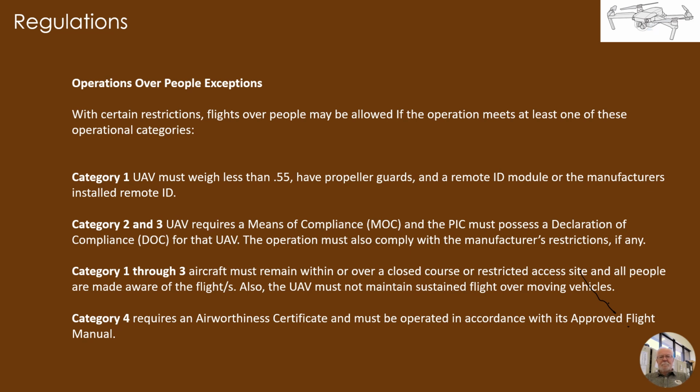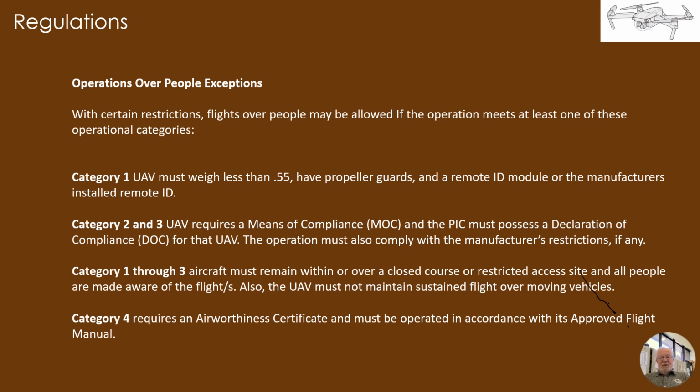For Category 2 and 3, the manufacturer provides the FAA with a declaration of compliance, a DOC, that explains to the FAA how this aircraft can be operated over people in some circumstances. Not necessarily carte blanche, but in some circumstances it can be flown over people.